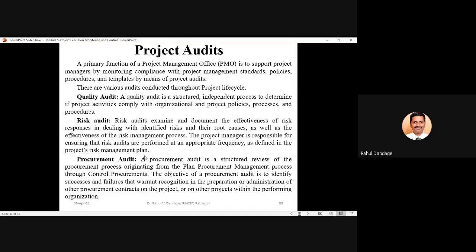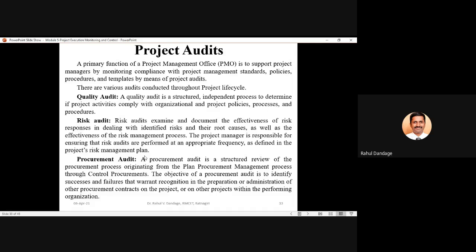So whenever a project audit is taken up, it will be ensured whether the activities running in that project are complying with the project management standards, policies, procedures, and the various templates which are essential for any project.